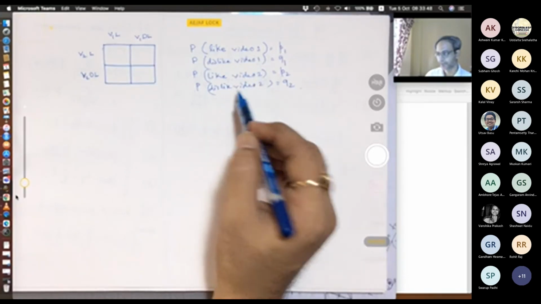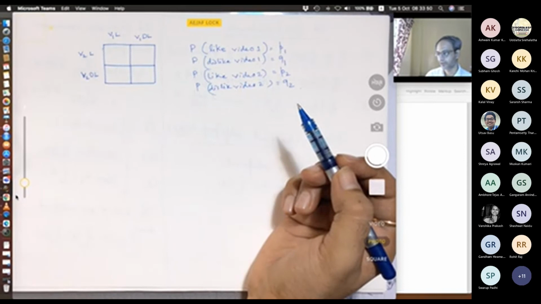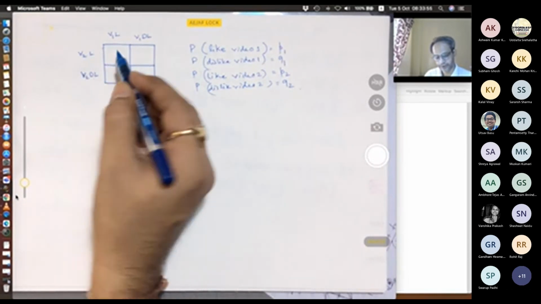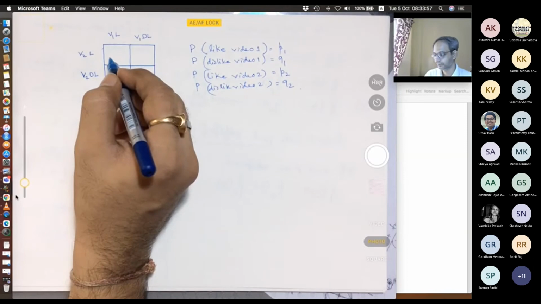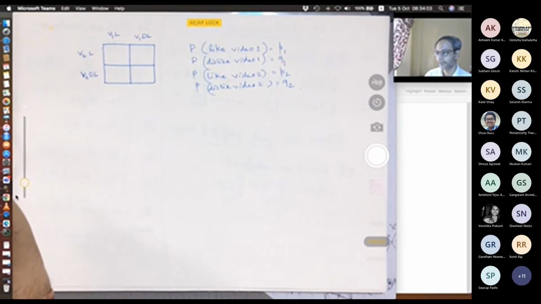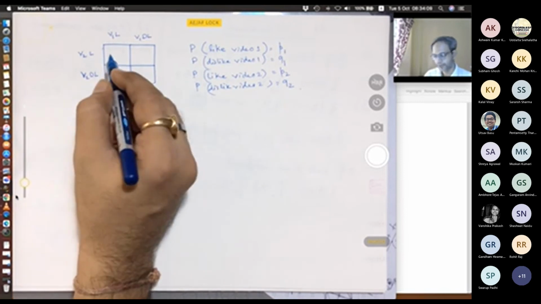Now suppose for the time being that these events are independent. Okay. Now what will be the probability that video 1 like, video 2 like? Both, one person who has watched both of the videos, he will like the first video and the second video. If they are independent, then what will be the probability?